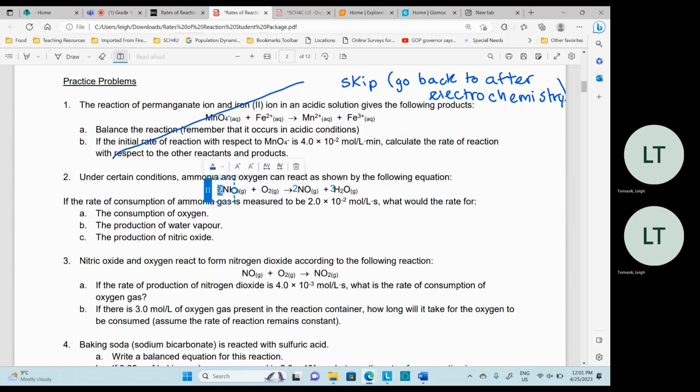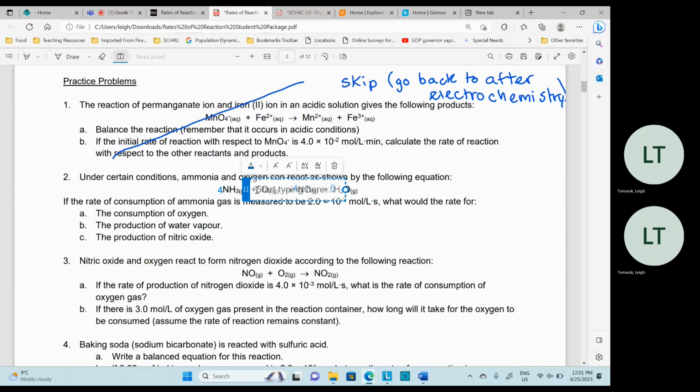Right? So this 2 will become a 4. This 2 will become a 4. And this 3 will become a 6. So now we have on the product side 4 plus 6, which gives us 10.